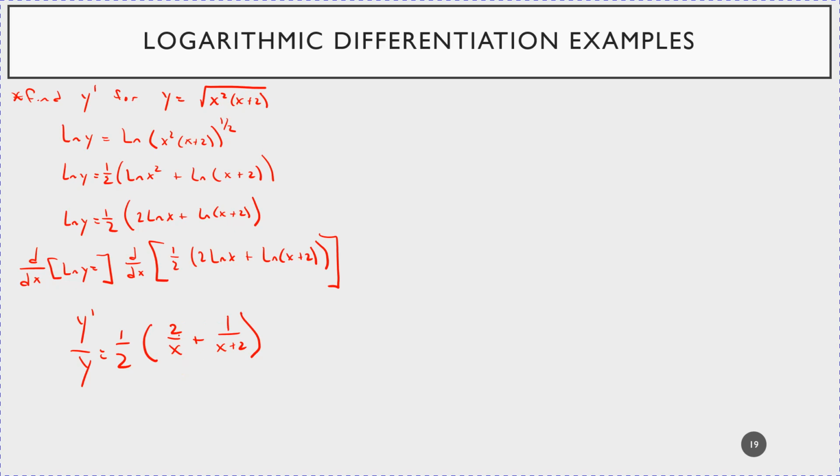Okay, so here what you have to do, unfortunately, is clean this up. This is where now the algebra begins. So the LCD here is x plus 2. So y prime over y is equal to 1/2, and then you can see here this becomes 2 times x plus 2, plus x, all over x plus 2.